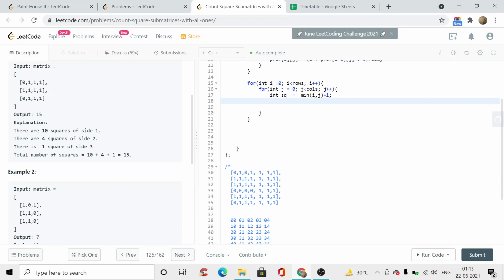Okay, so it will run like square times 4. Let's just do sq minus minus, and then c greater than 0, and then sq minus minus.